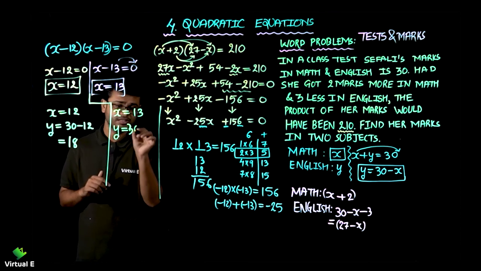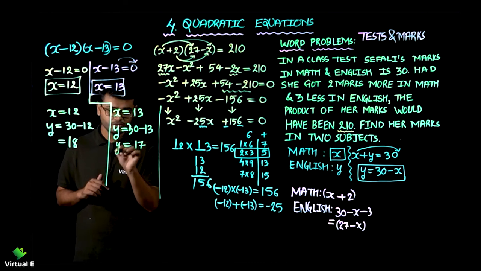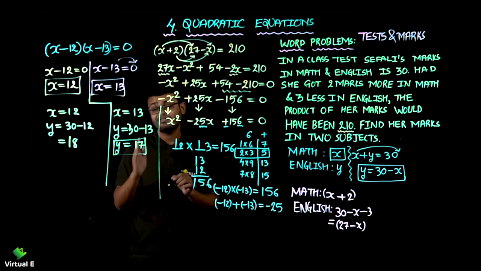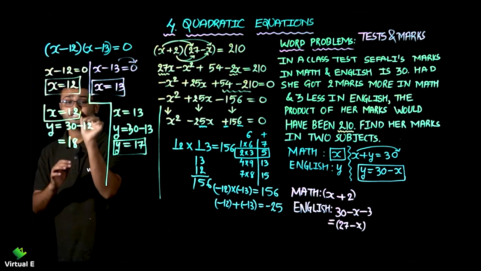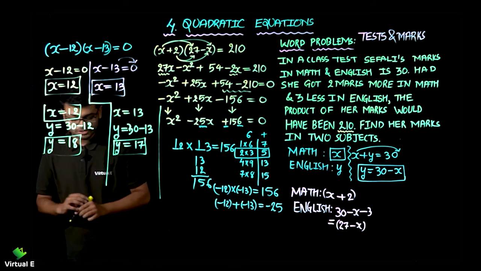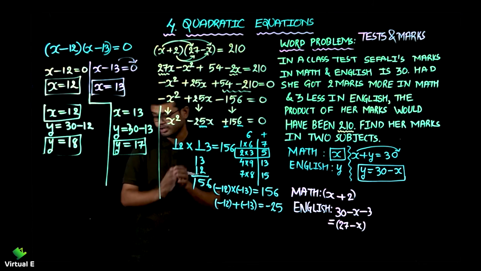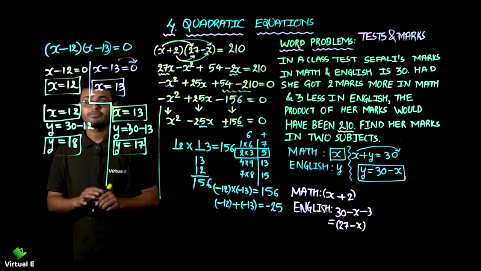That is 30 minus 13, which is 17. So if she is getting 13 marks in maths, she is going to get 17 marks in English. So this is the final answer. There are two possibilities over here, not only one fixed. 13 goes with 17 and 12 goes with 18.